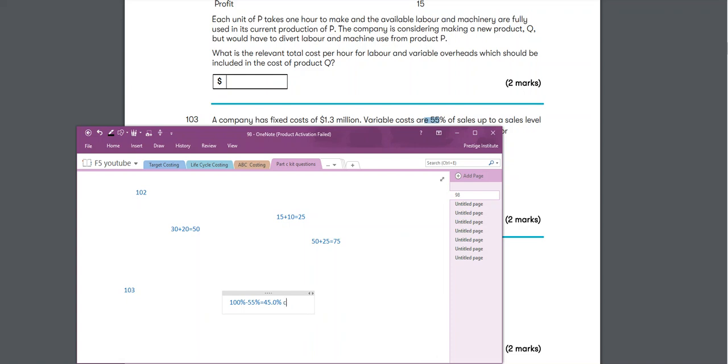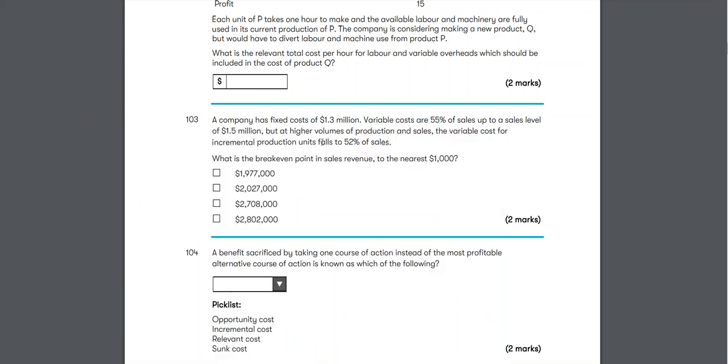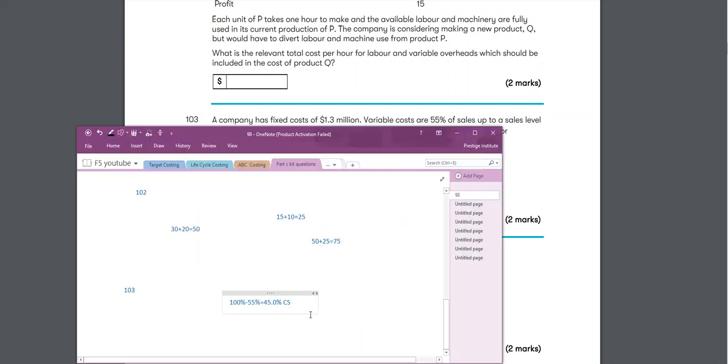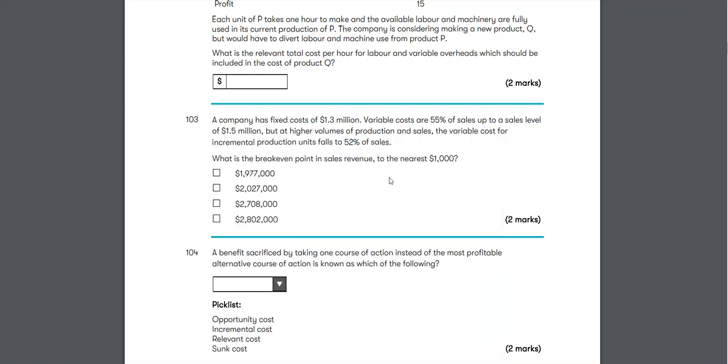If variable cost is 55, then contribution should be 45. And when sales increase past a certain limit, variable costs fall to 52%, which means our contribution increases to a 48% CS ratio.